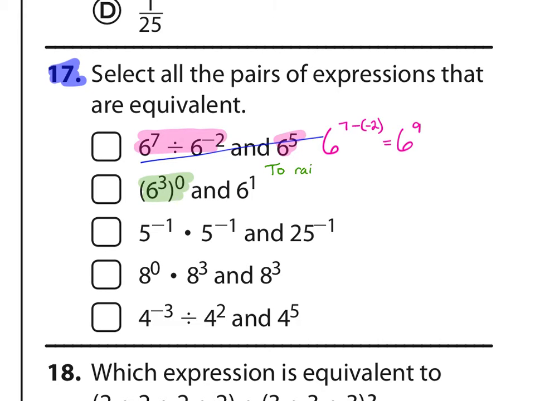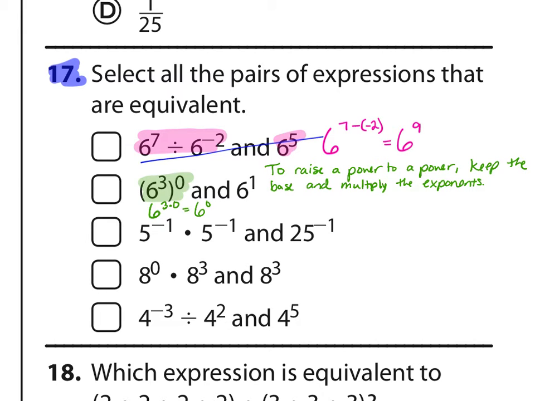To raise a power to a power, keep the base and multiply the exponents. Raising a power to a power is repeated multiplication. So I'm going to multiply these exponents. 6 to the 3 times 0 is just 6 to the 0 power.